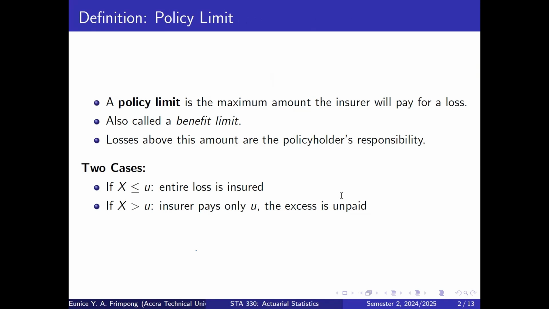So, in the concept of policy limit, what we are saying is that the insurer has a maximum amount of money they will pay, regardless of the amount of loss. So if the loss exceeds that limit, they pay only up to that limit. So policy limits cap the insurer's responsibility. Anything above, that's on the insured.